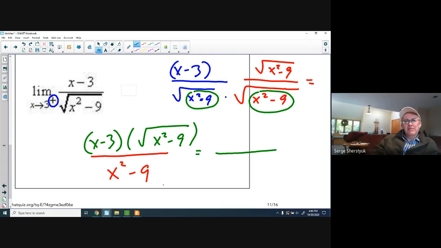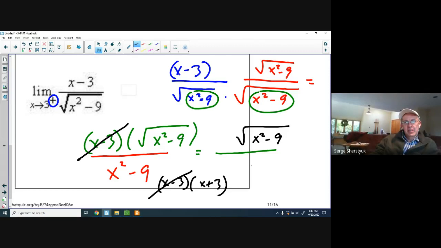In fact, you could mentally factor it like this, or on paper, x plus 3, and I'm going to cancel this along with this guy. So my overall answer, this really became this. My overall answer is the big root sign of x squared minus 9, over x plus 3. Okay, that's what it became.